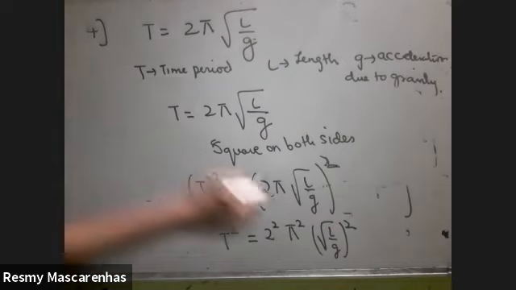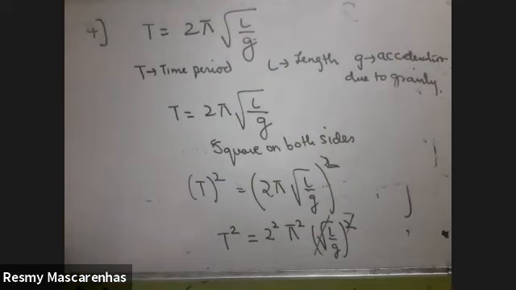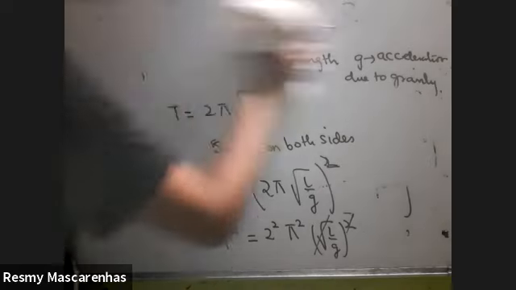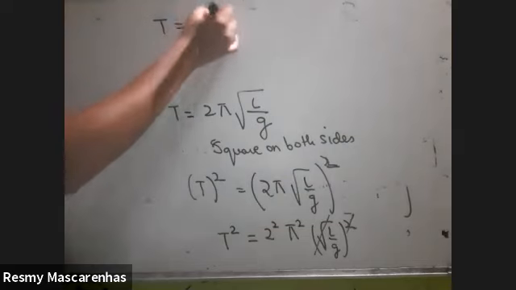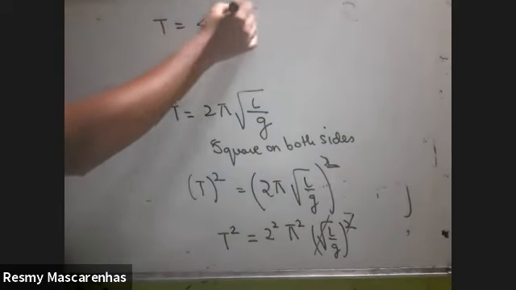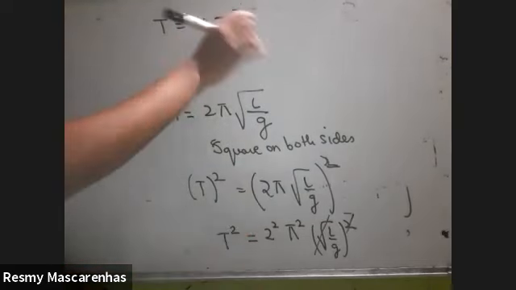Root and square always cancel. So what you will get is T square equals 4 pi square, since 2 square is 4, and then L upon g. So this is basically your formula now, which has got rid of the root sign.